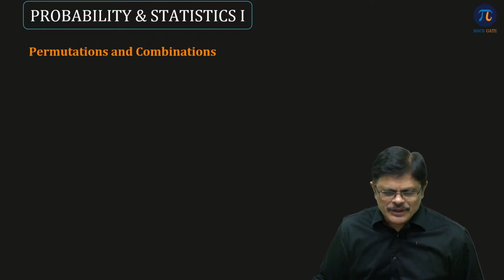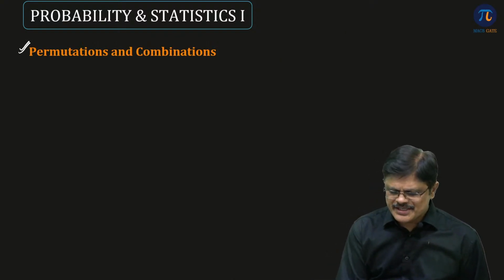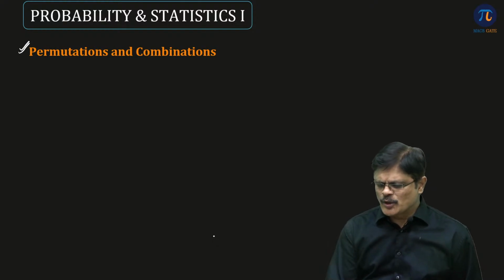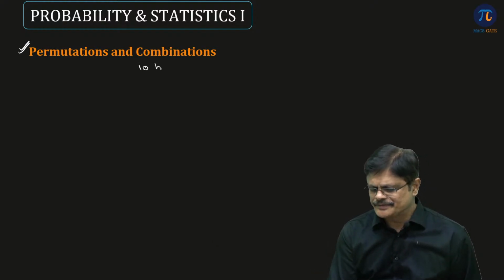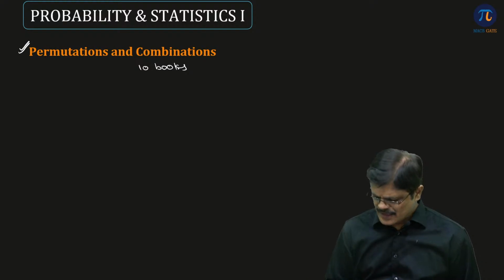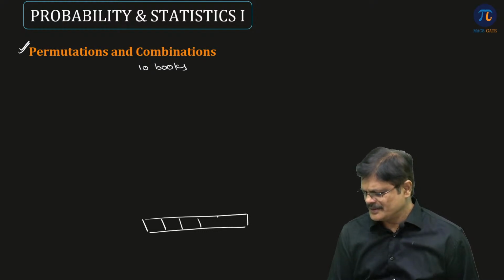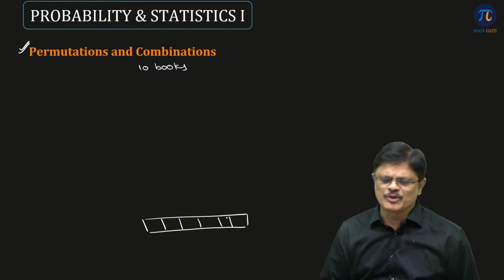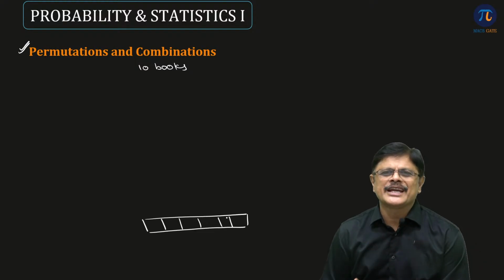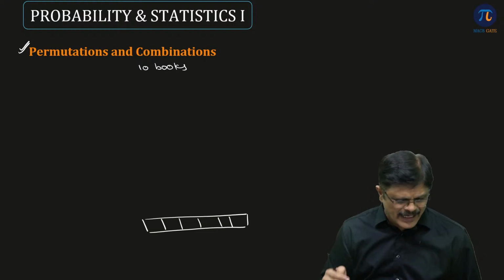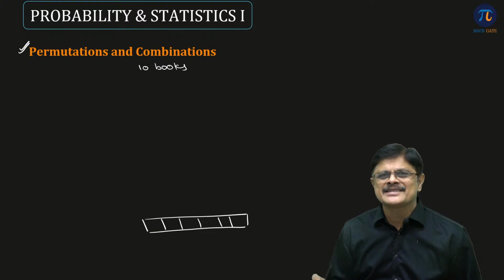Now let us move on to the concept of permutations and combinations. See, the idea of permutations and combinations is very simple, sir. Suppose you are having, say, 10 books, and suppose you are having a rack which can accommodate, say, 6 books. So in the rack you can only keep 6 books. We have 10 books, but a rack which can only accommodate 6 books.